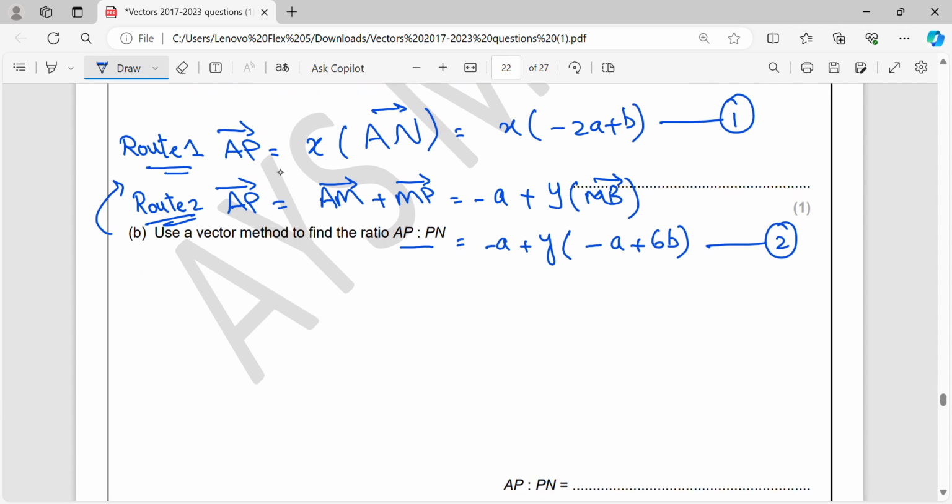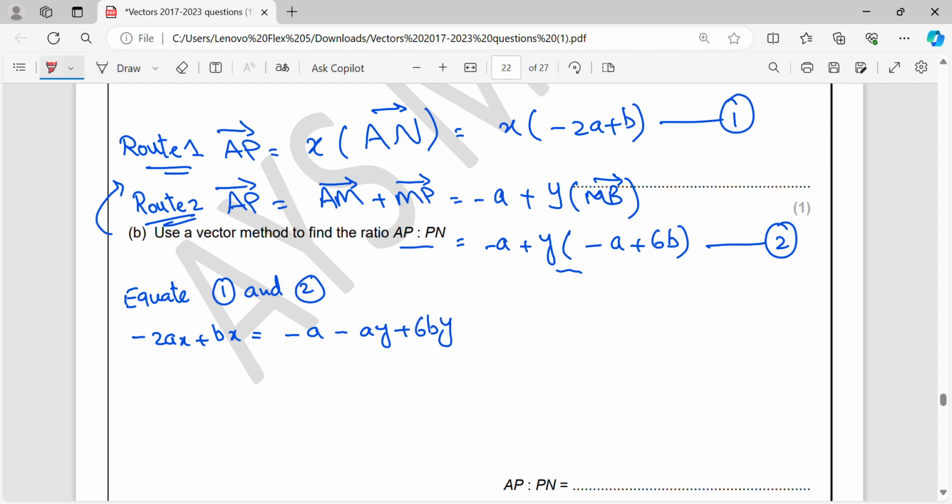Now it's time to equate both routes. The first route is X into minus 2A plus B. Let's expand the bracket: minus 2AX plus BX equals minus A, and expanding the bracket here, minus A plus AY plus 6BY. Collect like terms. For A: minus 2AX equals minus A minus AY.